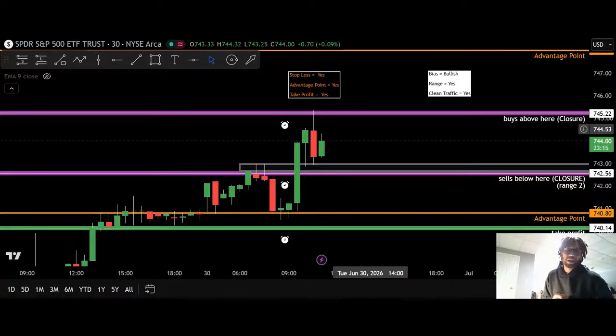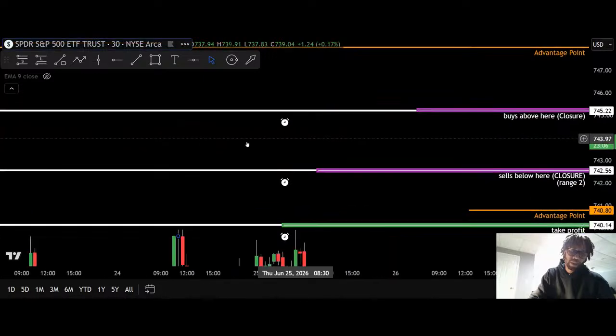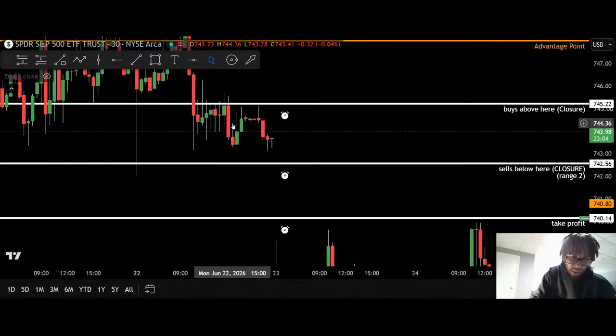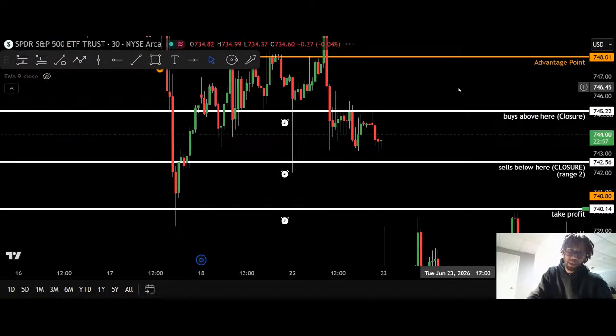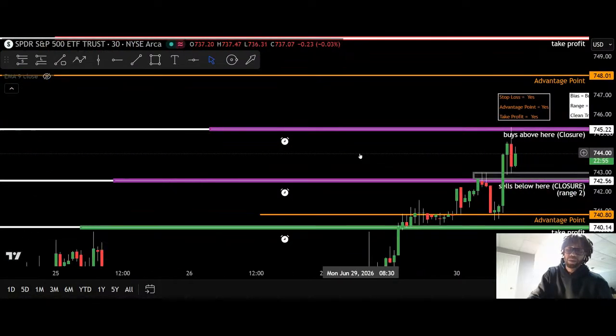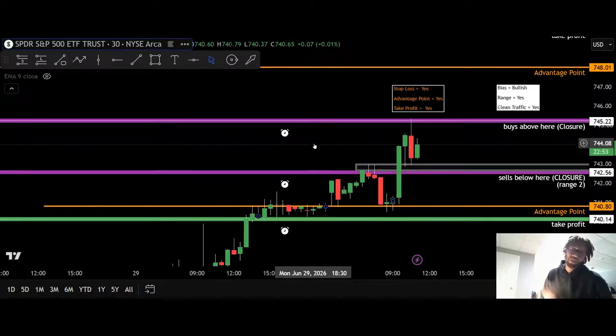It's almost like they're trying to get both sides of the market right now. But if you go back to Monday, you will see that we are currently in a range that is, you know what I'm trying to say, choppy. So what's happening right now, that's why I haven't touched it, because I've seen what happened over there.